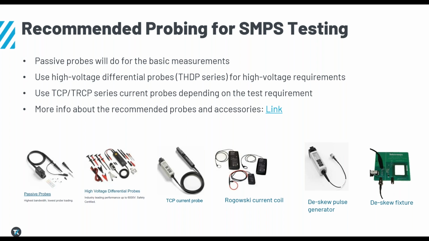They're not differential. So if you need that, one of the popular tools is going to be the high voltage differential probe. You're going to be safe up to maybe Cat 3. Some of them are rated differentially up to 6 kilovolts. And then for current, many different methods here. One of our most popular are Hall effects, which we call our TCP, or Rogowski current probes, which will give you less bandwidth but higher current rating.